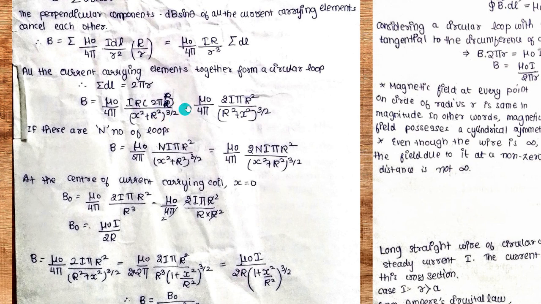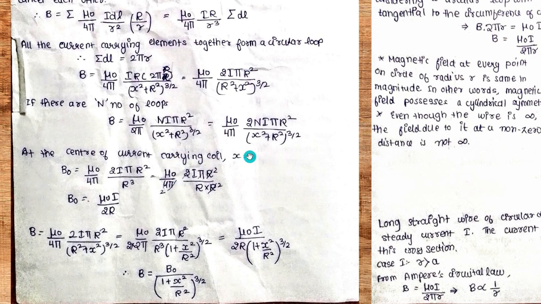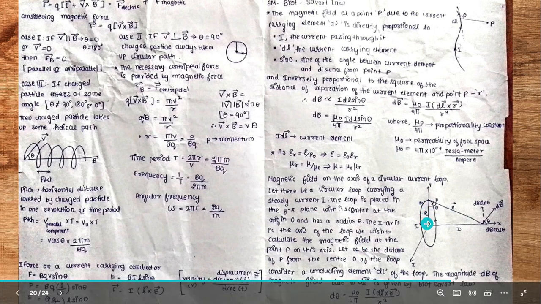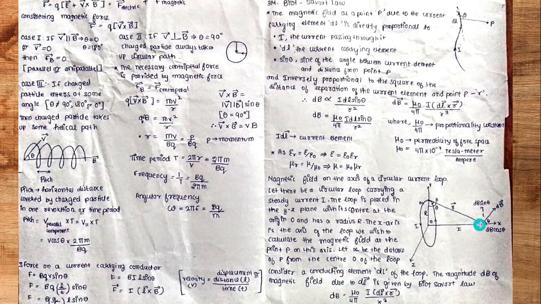Okay, which is equal to mu naught by 4 pi into 2 I pi capital R square by capital R square plus x square whole to the power of 3 by 2. Now if there are n such loops, then we have to multiply the whole expression by n. And at the center of the current carrying coil, what is our x? At the center, x becomes 0, right?